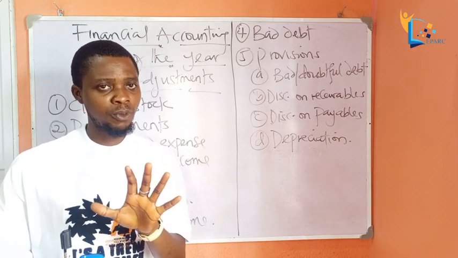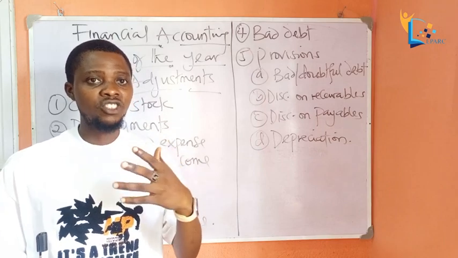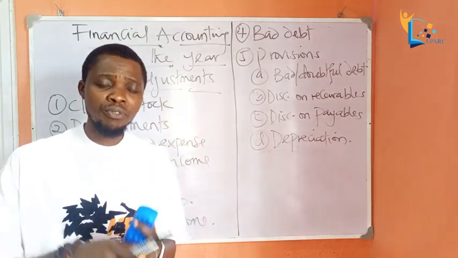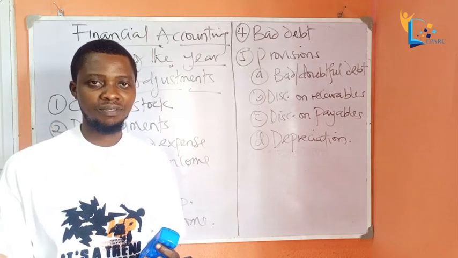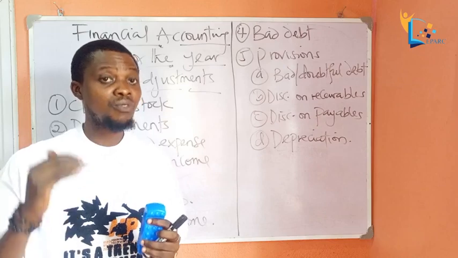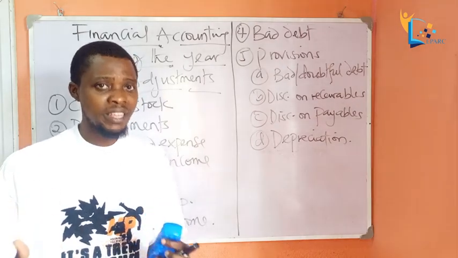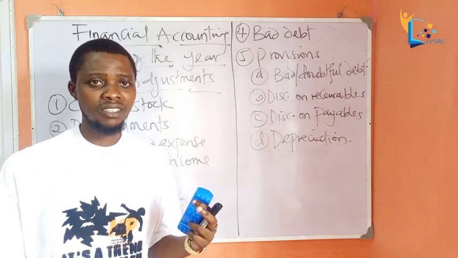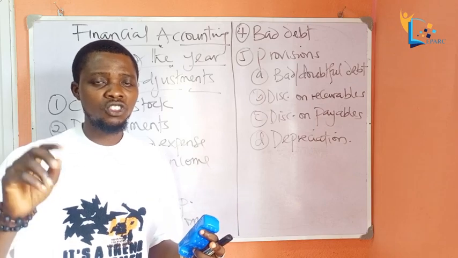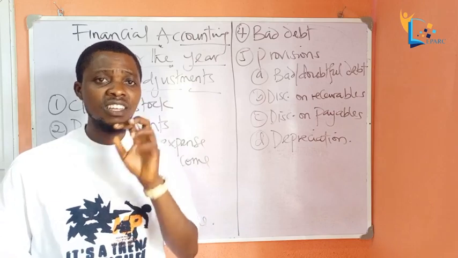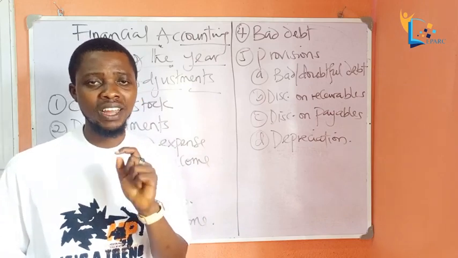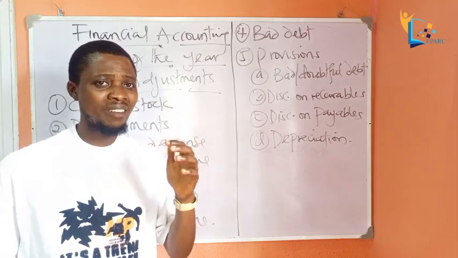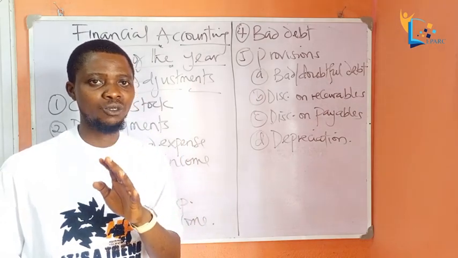Or let's put it this way, some transactions must have occurred in the course of normal business before the trial balance was extracted. So it is necessary for you as a bookkeeper or an accountant to adjust for those transactions, so that you can have an accurate final account.